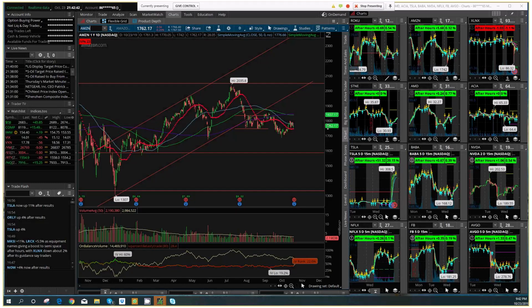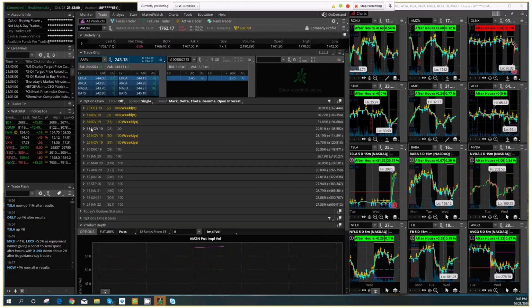Amazon is roughly $1,762 a share. If I wanted to buy 100 shares, that'd be $176,000. Or I could buy a call, for example, a November call.